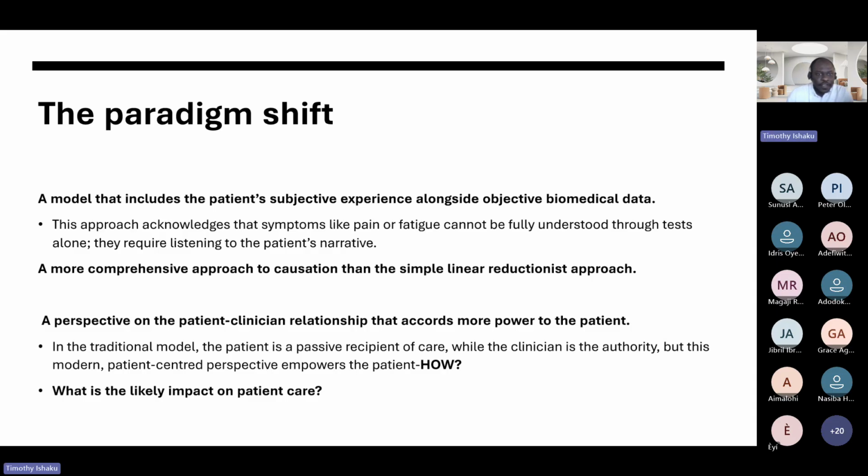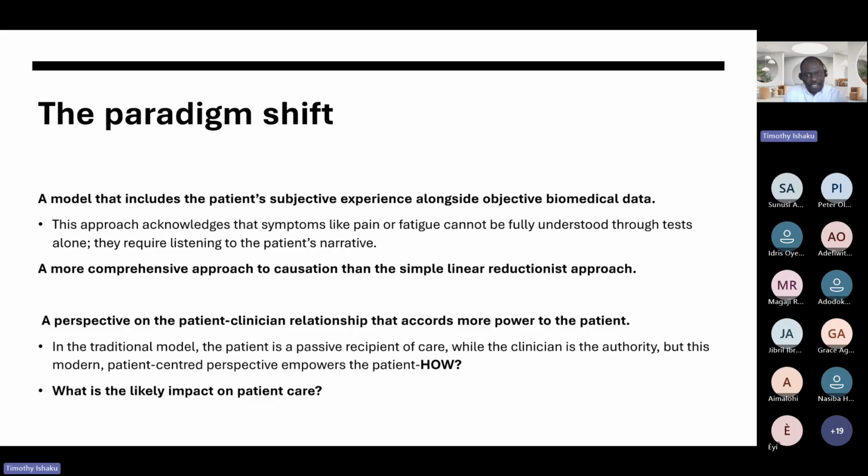The third thing is a perspective of the patient-clinician relationship that accords more power to the patient. I think we've started talking about it. Earlier in my previous slide, we said that in the traditional model, the patient is a passive recipient of care.